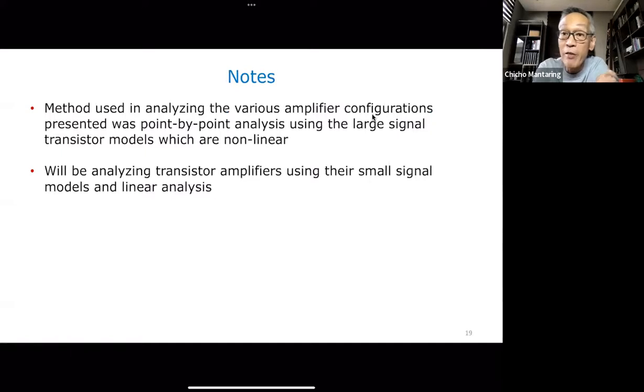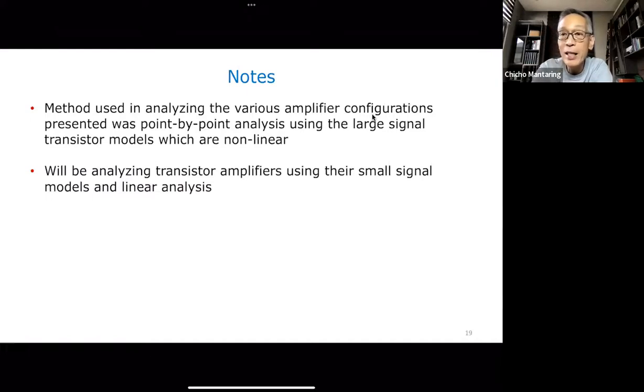We can use that with any value of VBE. So I got my transfer characteristic using that. But I had to do a point-by-point calculation, and the reason is that it's a nonlinear model.